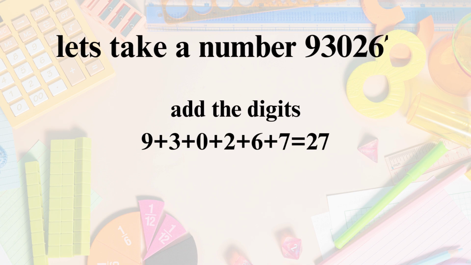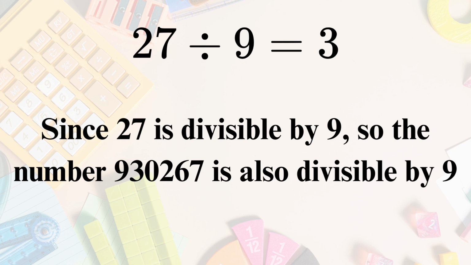Let's add up the digits, and we get 27. Is 27 divisible by 9? Yes, 27 is of course divisible by 9. We get no remainder. That means the whole number is also divisible by 9. It is more or less the same as the test of divisibility of 3.